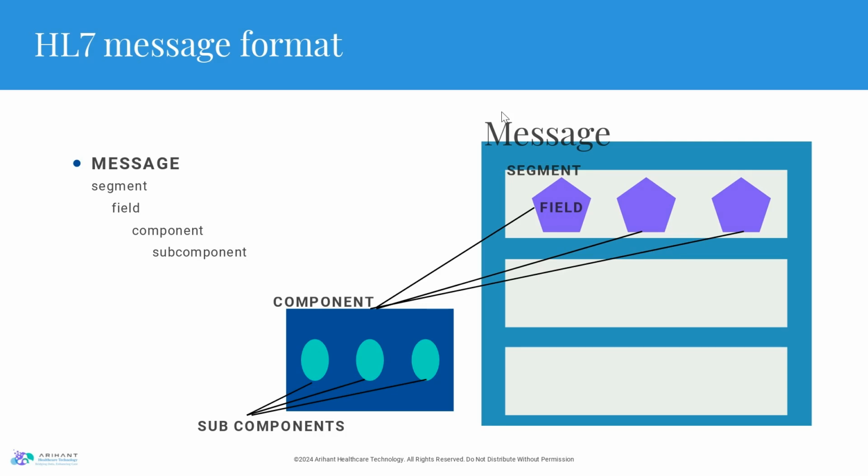So a field is nothing but one compartment under the shelf on that level. And under each field you can then have a component and subcomponent, where you can basically divide your stuff in such a way that you can differentiate between the component and subcomponents.